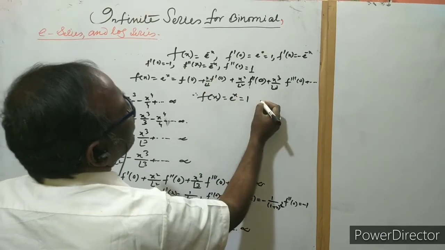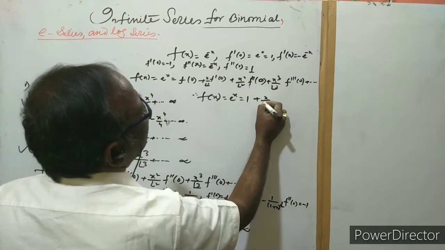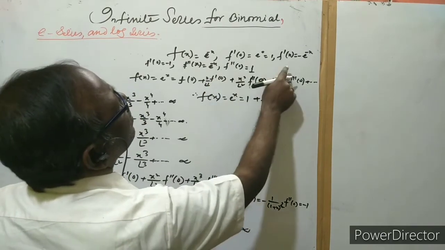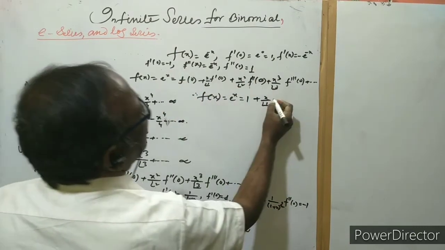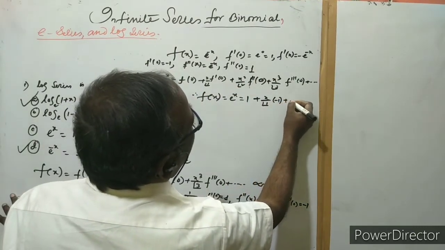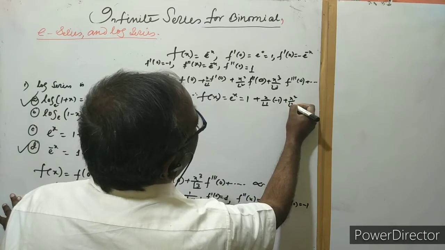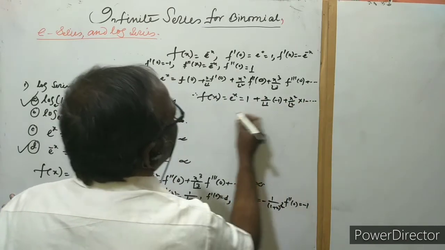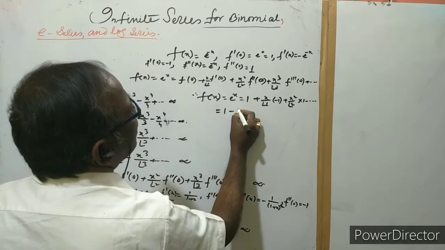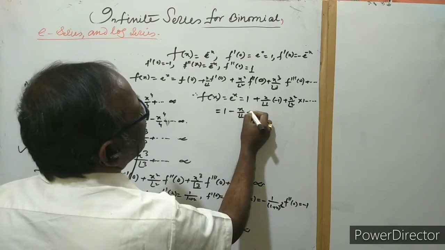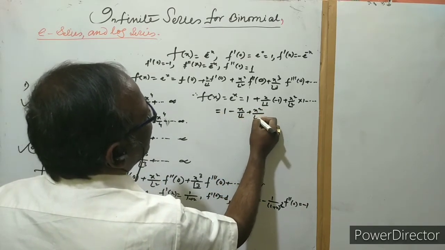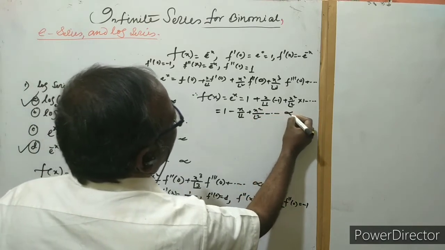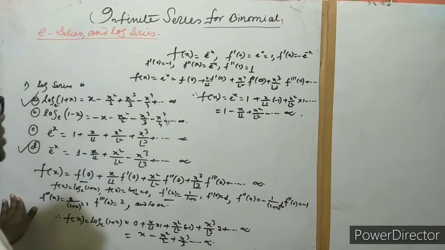Now plus x by factorial 1, f dash 0, so this is minus 1, and now x square by factorial 2, this is 1, okay. So you can write like that. So this is the expansion of the e series.